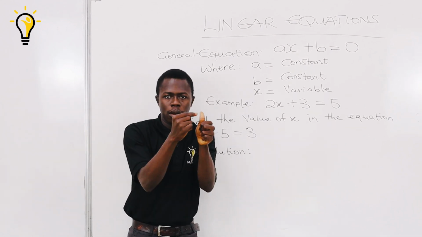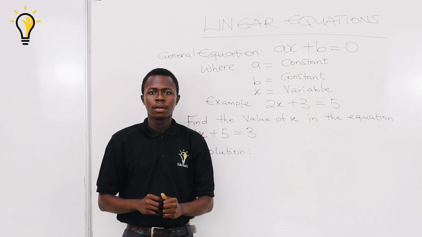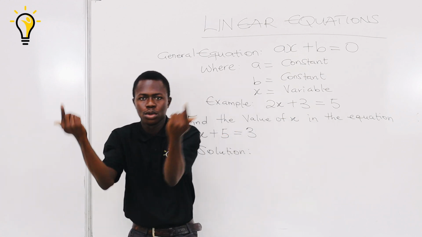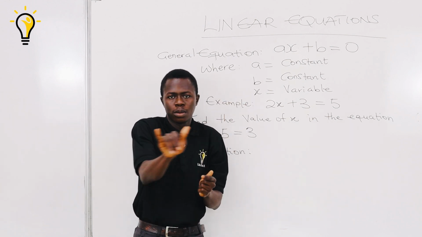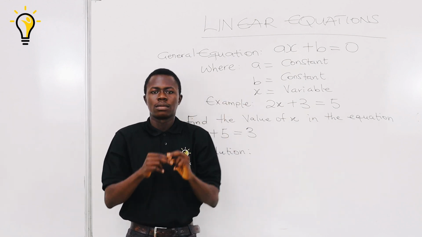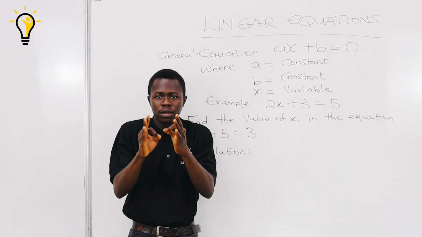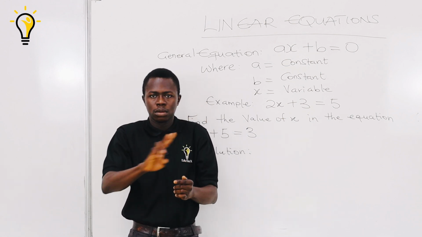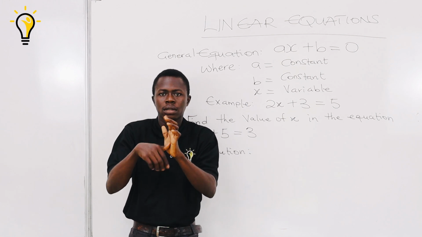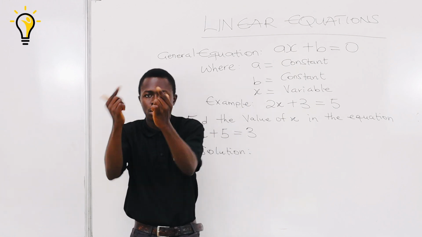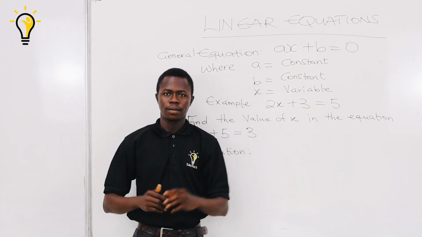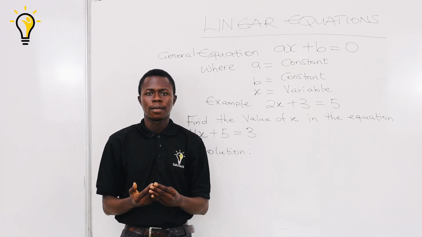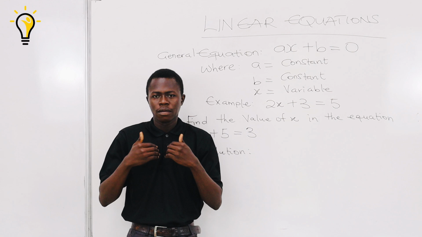Step 1, we need to group like terms. This means that if there are numbers in the equation, we will need to group them on one side, preferably the left-hand side. Then if there are also variables, we move them to the right-hand side, preferably.